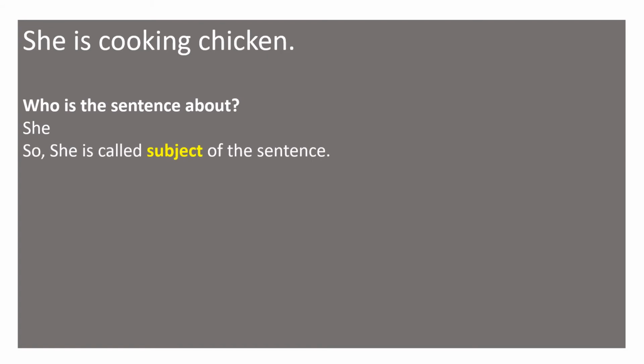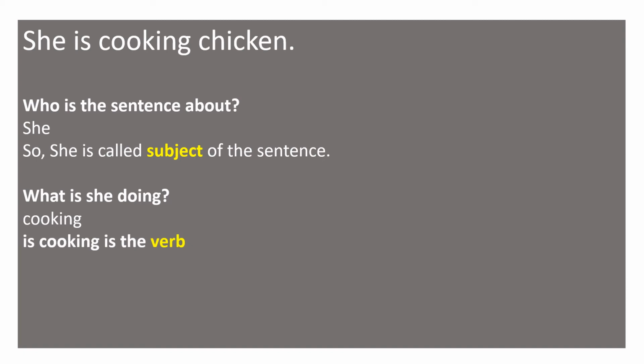See this sentence, she is cooking chicken. Who is the sentence about? She. So what is she here? Yes, subject. And what is she doing? Cooking. So cooking is the verb.